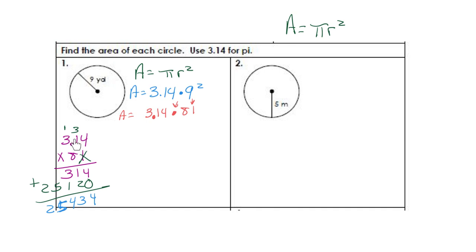Well, I have 1 digit, 2 digits, and that is it. So now I have to put back in a decimal, 2 spots. It'll go here. So 254.34 yards squared is the area of that circle.